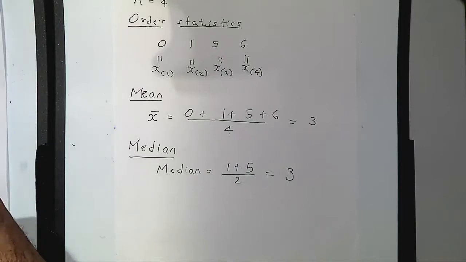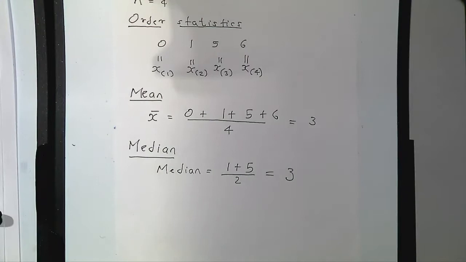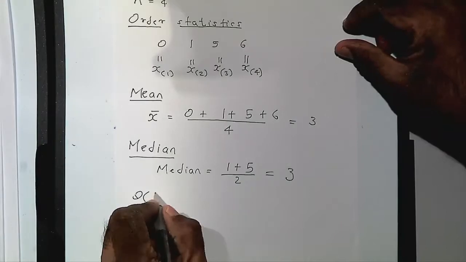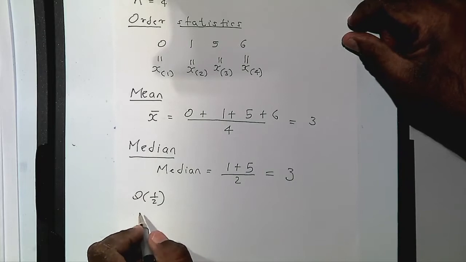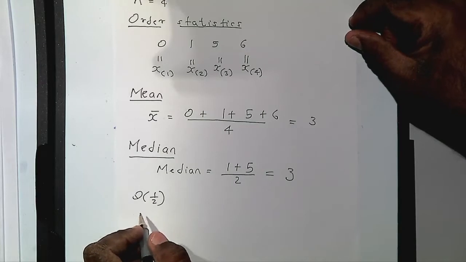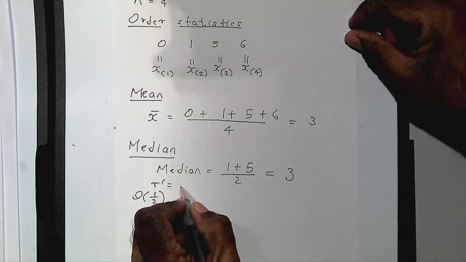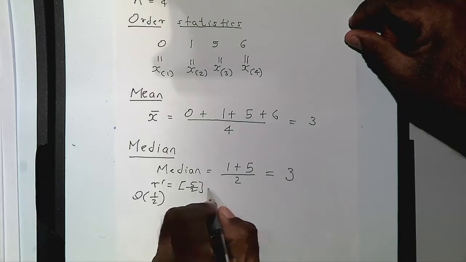Let me go back to that. You see, this is the formula I gave you on Monday, guys. You remember this, right? The median is the same as Q at half, right? So for Q at half, R prime will be, with P equal to half, 5 over 2, which is 2.